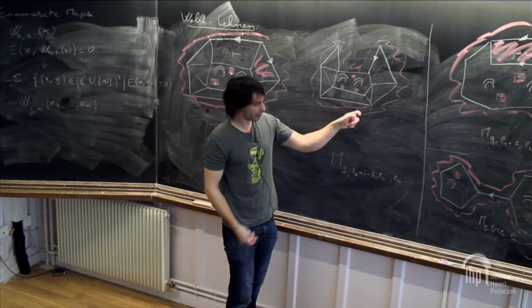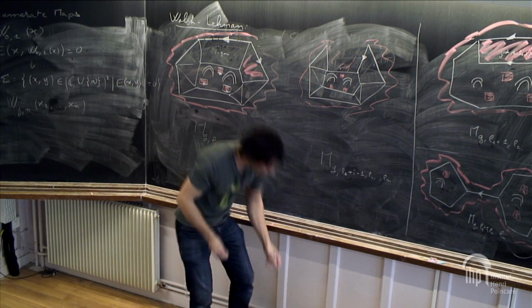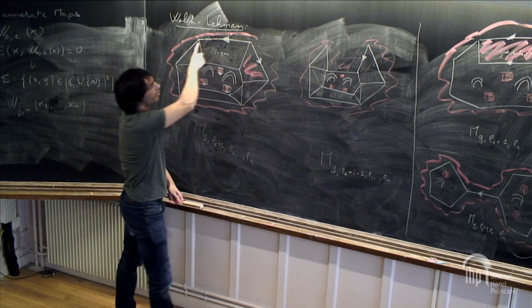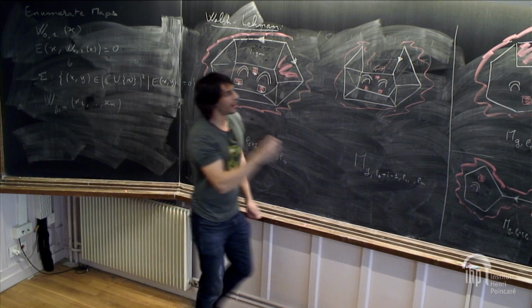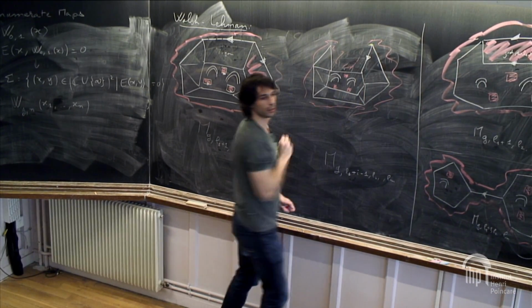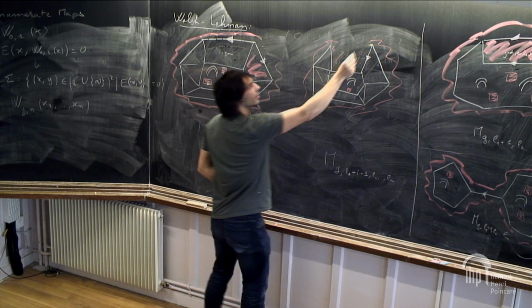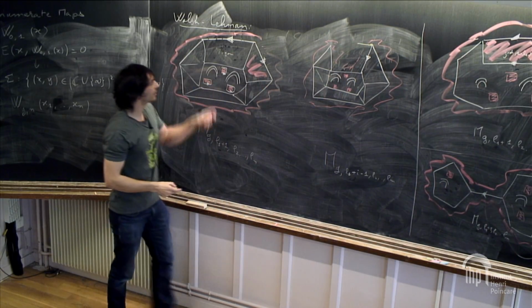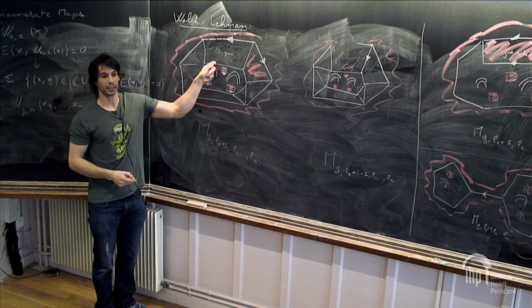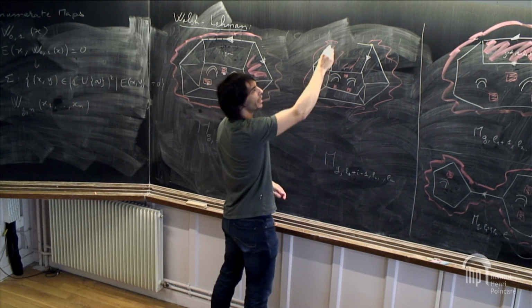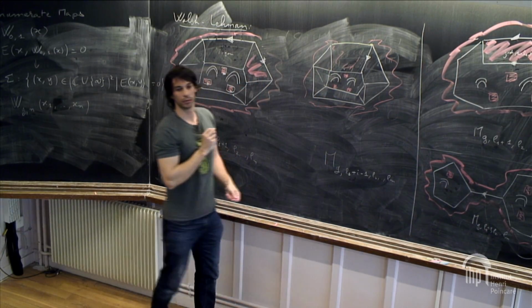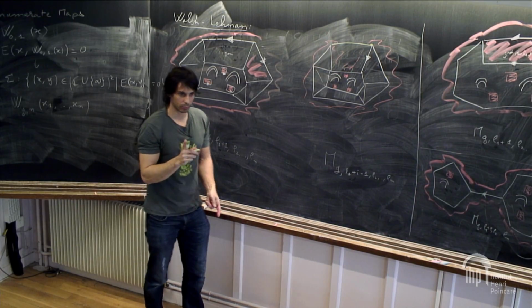Now, if I got an element of this type, I know where I need to close in order to go back here. I need to start here, and I need to close in this direction such that I've got an edge inside. So it fixes exactly the endpoint.